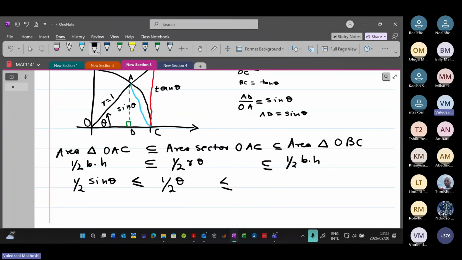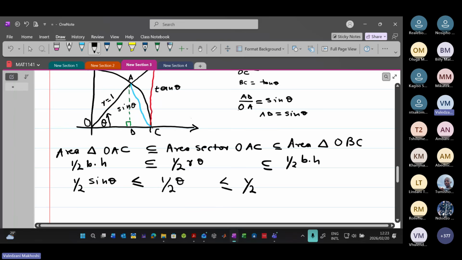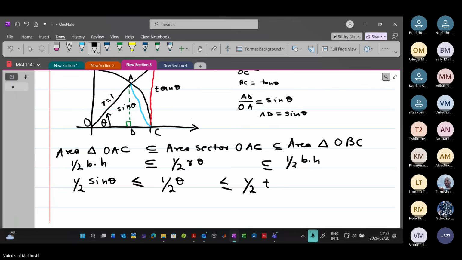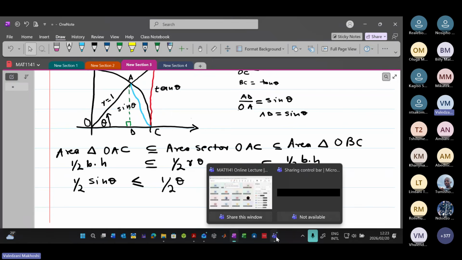Then for triangle OBC, half the base OC, which is 1, and the height is tan theta. So half tan theta.